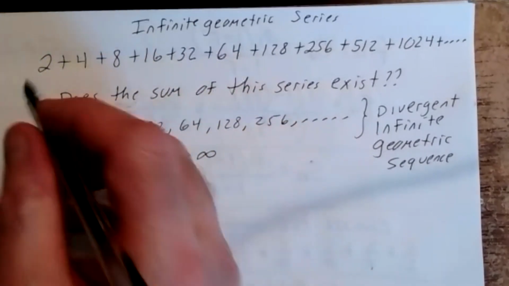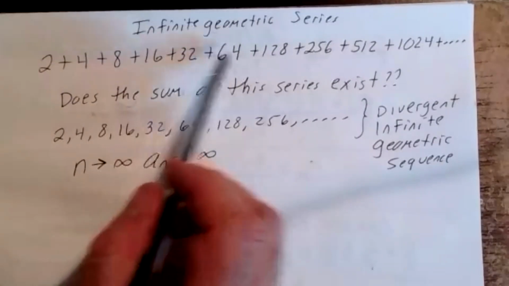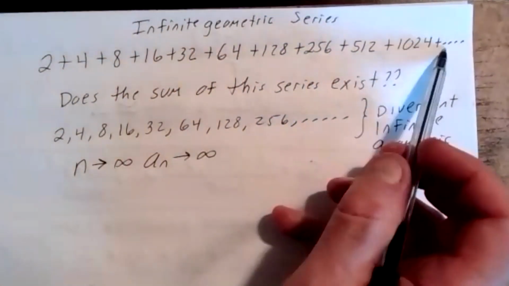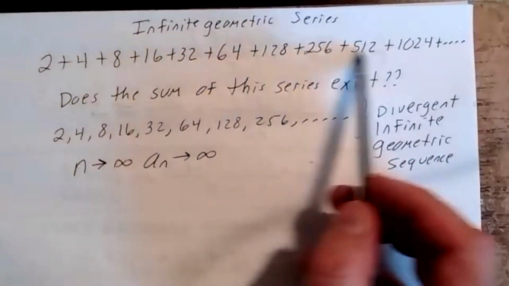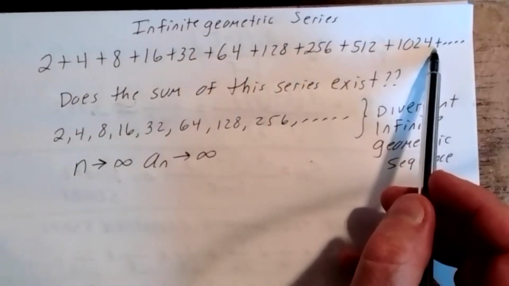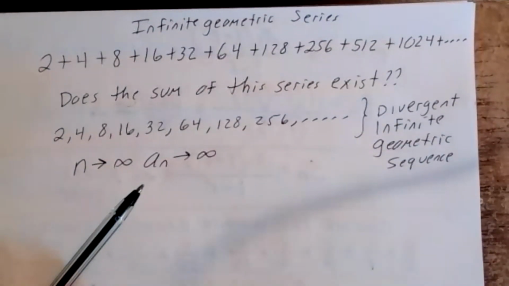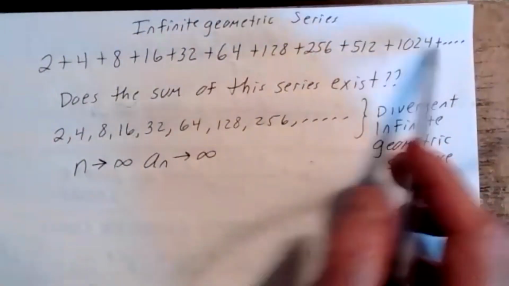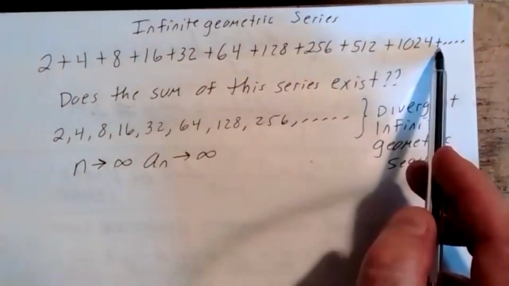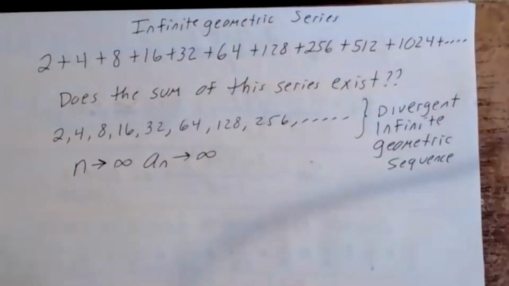And therefore, we would suspect that, think about it, if you keep adding larger and larger numbers, is this series ever going to settle down towards any finite defined real number value? What do you think? Think it's ever going to do that? No. Never. It's just going to keep getting larger and larger. This series, this sum, is going to keep growing infinitely large.